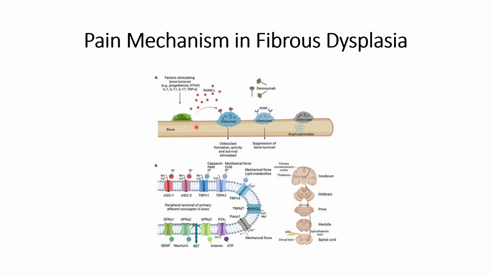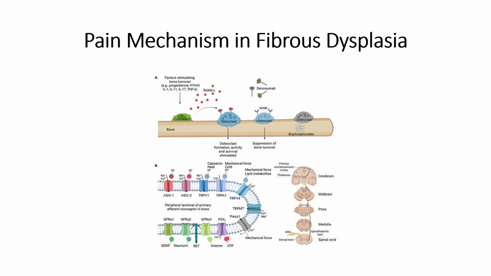That might happen in the case of fibrous dysplasia. And from animal studies, it has been observed that ASIC1 is formed in that condition. So it has been assumed that ASIC plays a role in fibrous dysplasia symptoms such as pain.